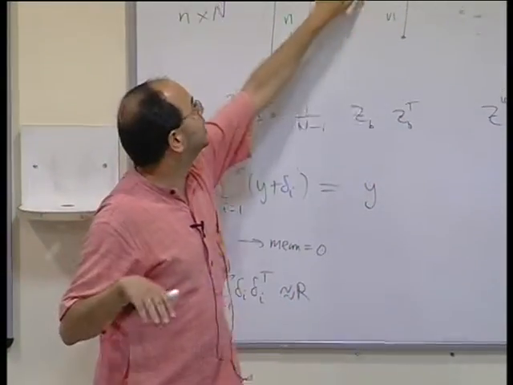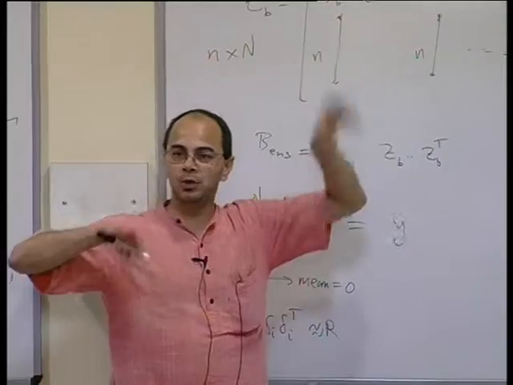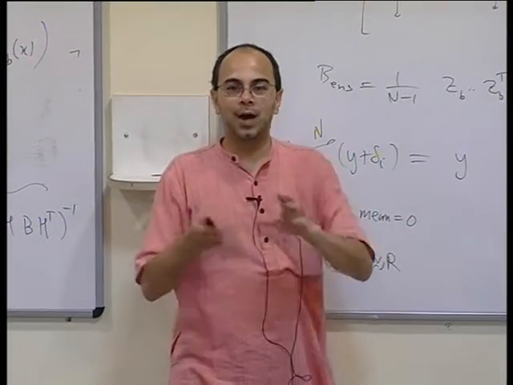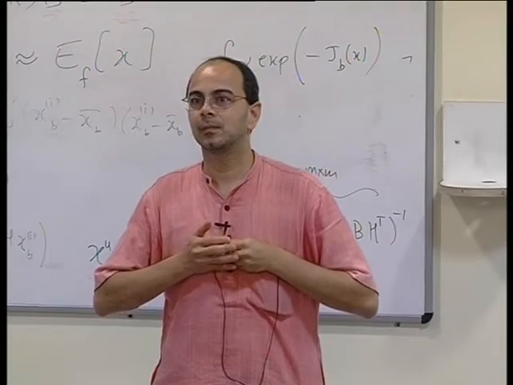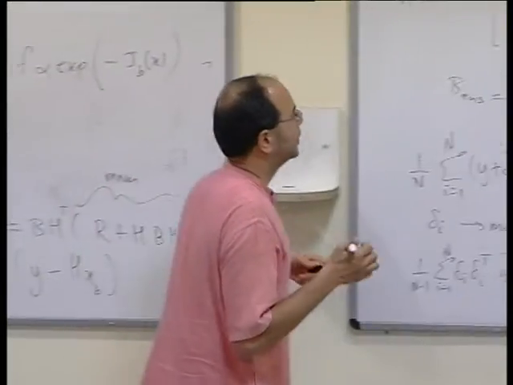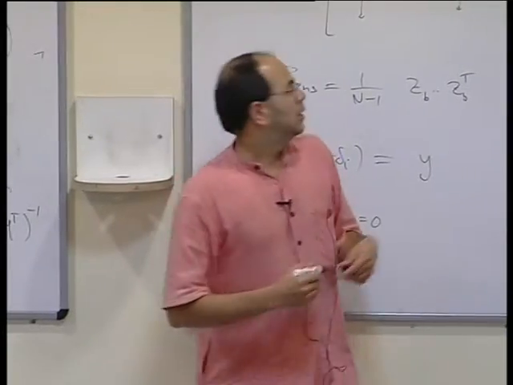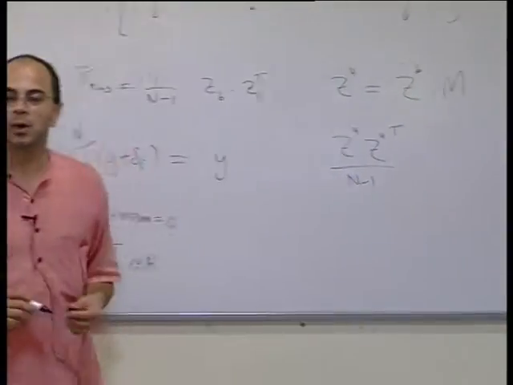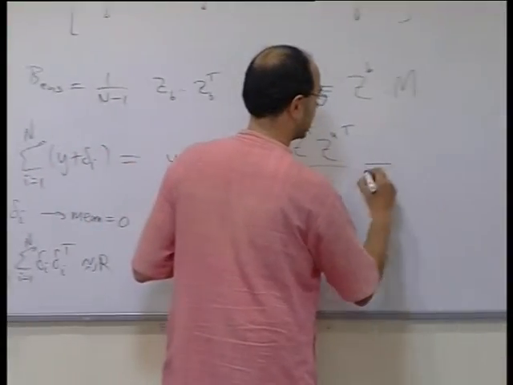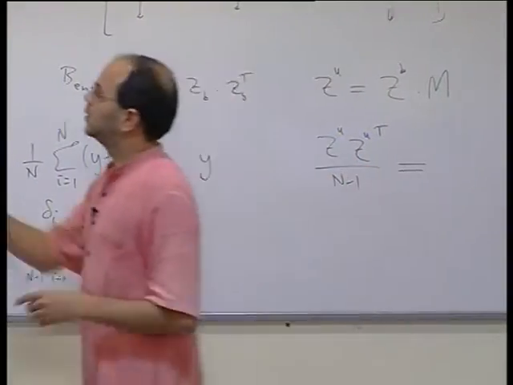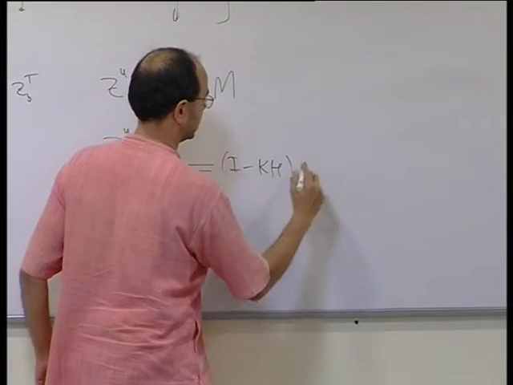The definition of ZU is simply exactly this: replace all the B's by U's, so the mean is gone from each of the columns. Suppose I do the subtraction, then what should ZU times ZU transpose, divided by n minus 1, be? Which is BU, which should be equal to (I minus KH) times B.